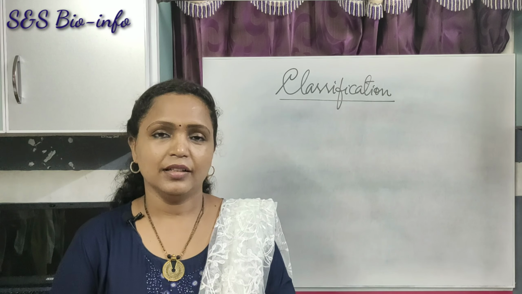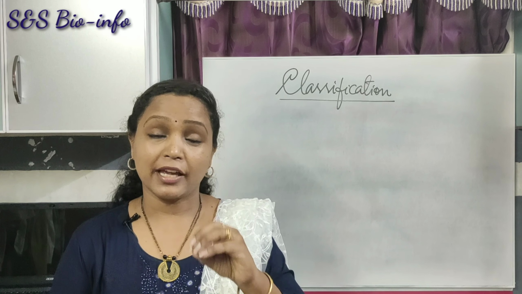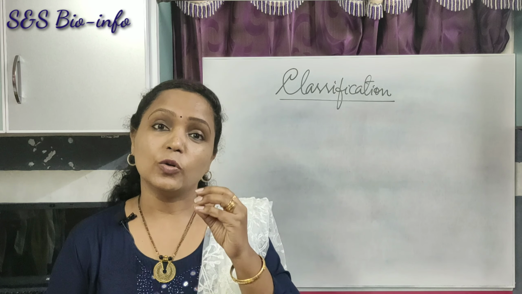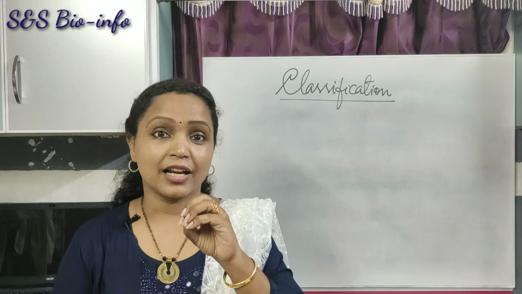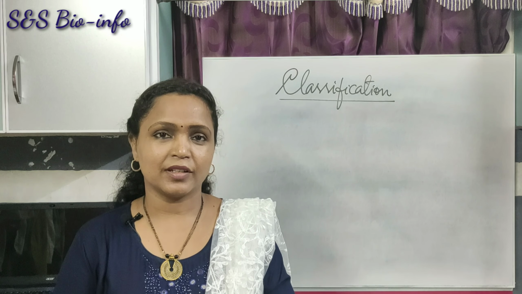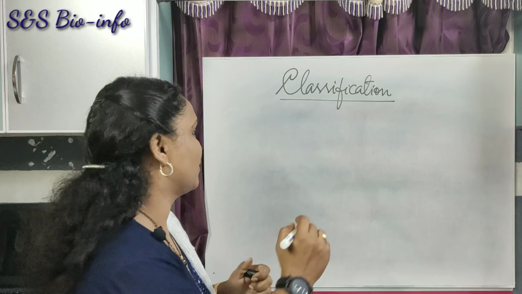Did you get it? Then what can we understand from this example? Based on certain easily observable features, organisms can be categorized into various taxa or categories. This process of classification is called taxonomy.